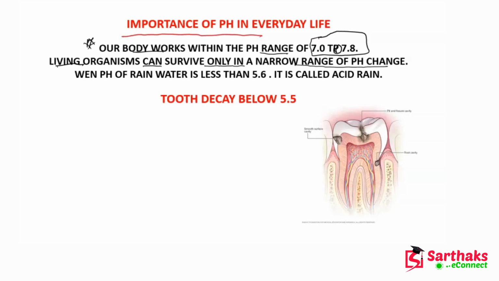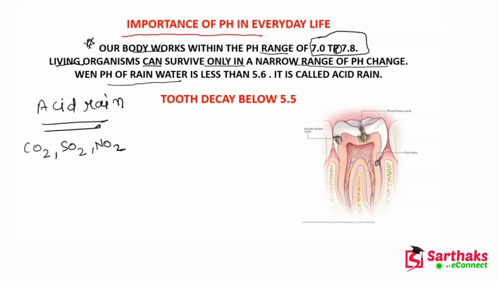Now guys, let me tell you about acid rain. What is acid rain? We all know that carbon dioxide, sulfur dioxide and nitrogen dioxide, when released into the atmosphere and when they reach above, react with water.